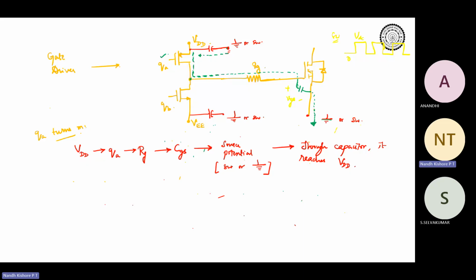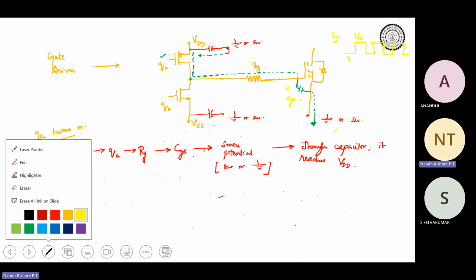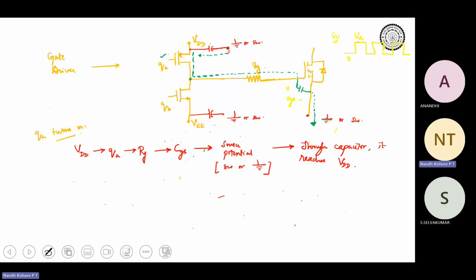Okay. So now the point is, let's assume you're talking about a switching node, and let's say that we are in this particular interval, that is, we are at the VDC interval. That is, the switching node voltage is equal to VDC. In that case, the voltage over here is going to be VDC.